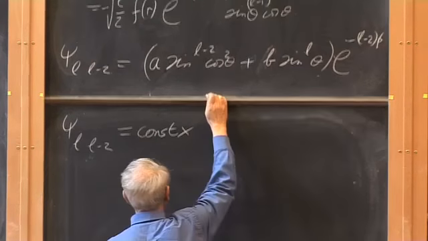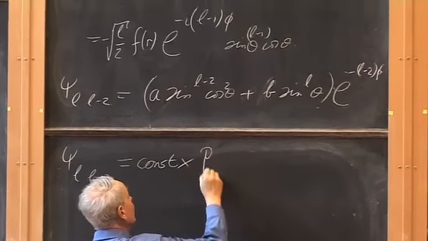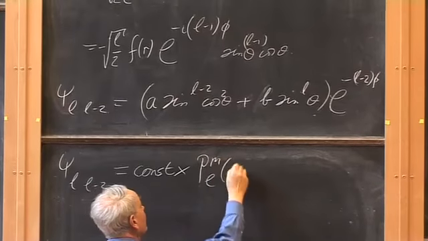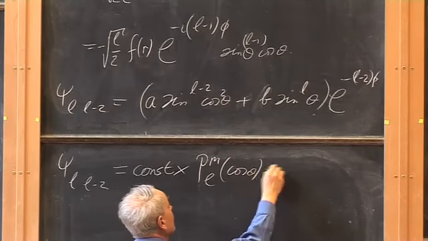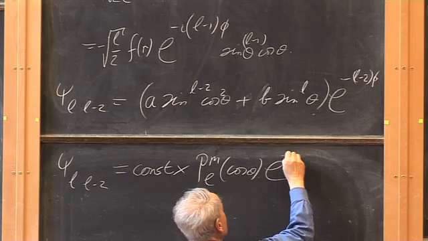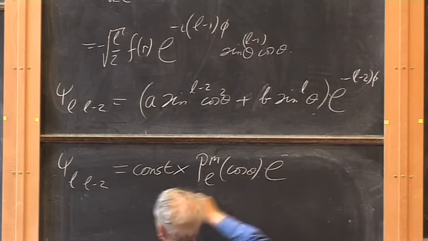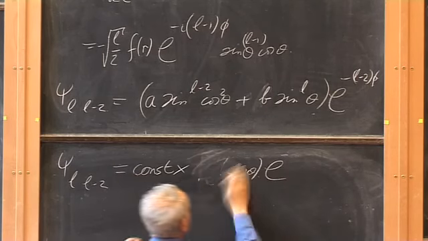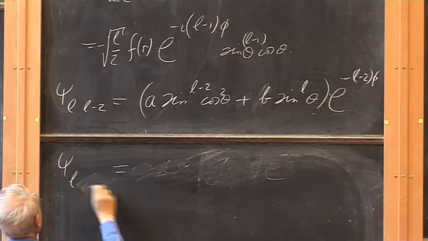times PLM of cos theta times e to the minus, make that LM.